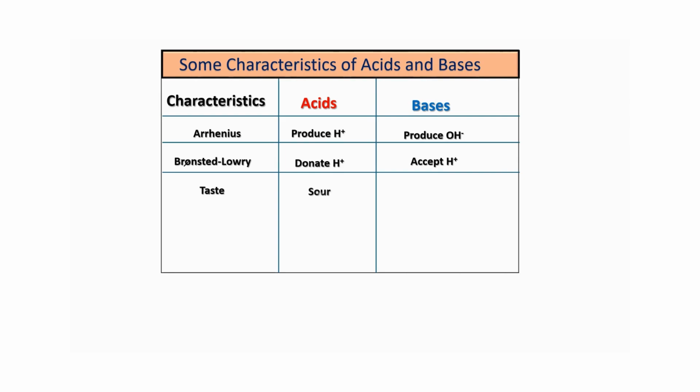As far as taste is concerned, an acid would have a sour taste. If you were to taste vinegar, it has a sour taste, whereas bases have a bitter taste. Litmus paper. Acids turn litmus paper red, but bases would turn the litmus paper blue.